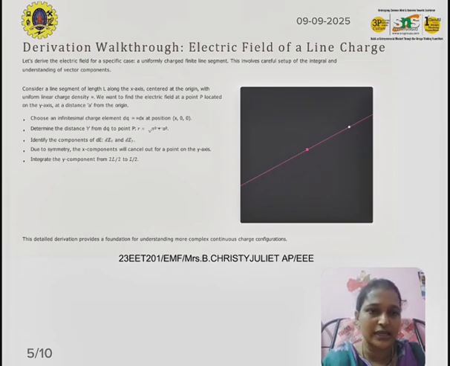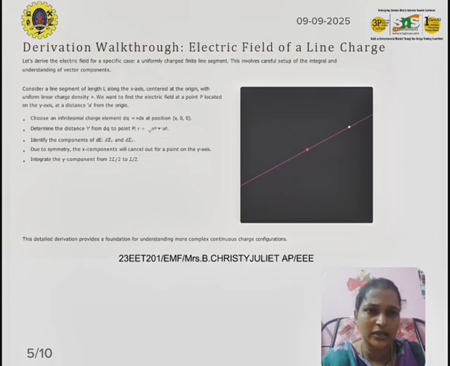So the position is x, 0, 0, and the components for deriving this electric field are dE_x and dE_y. Due to the symmetry, the x components will cancel each other, so therefore the y components alone exist.